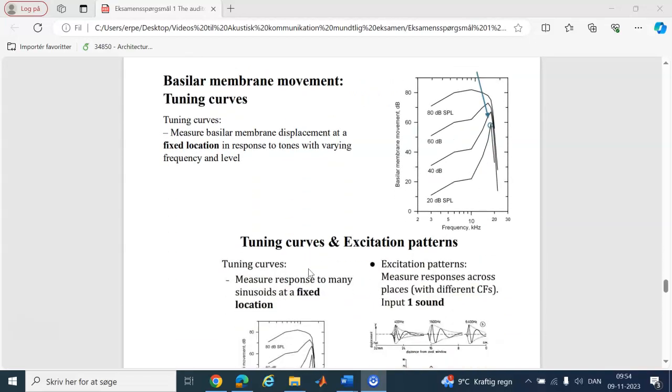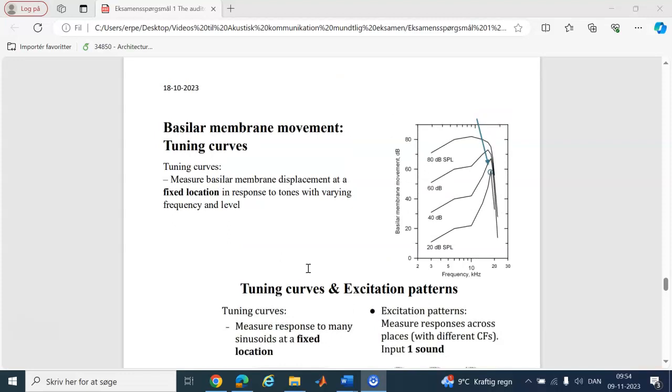So we have some tuning curves. Tuning curves measure basilar membrane displacement at a fixed location in response to tones with varying frequency and level.